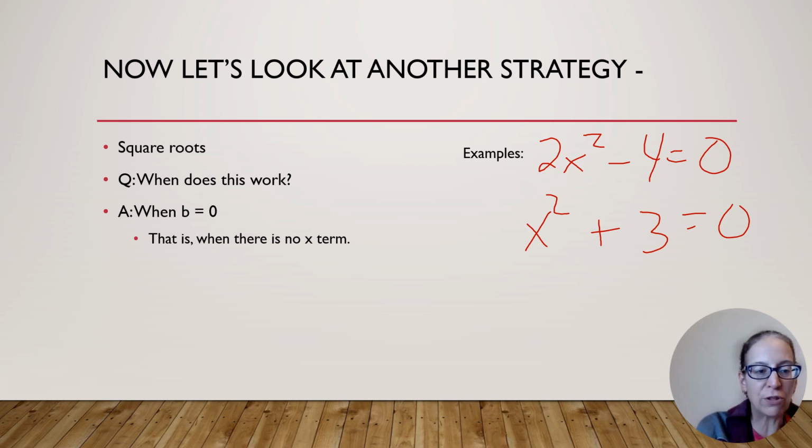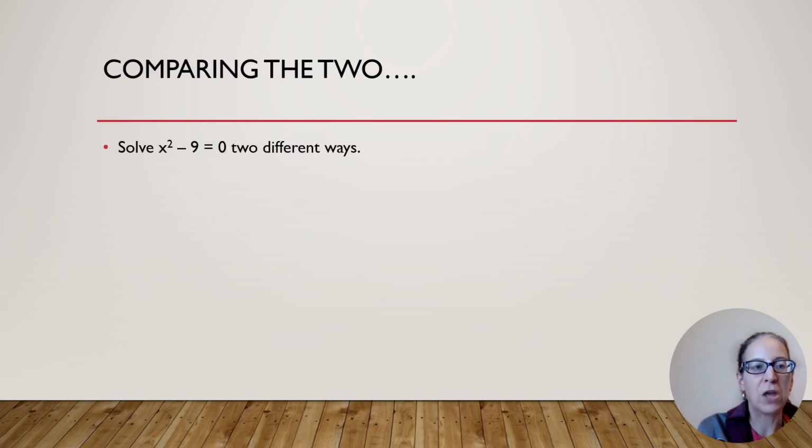It's also going to show us something that's really important with regard to imaginary numbers. So what we're going to do is take this problem, x squared minus 9 equals 0, and we're going to solve it two different ways. Just taking the same problem, we're going to use two different strategies. We should get to the same answer both ways.